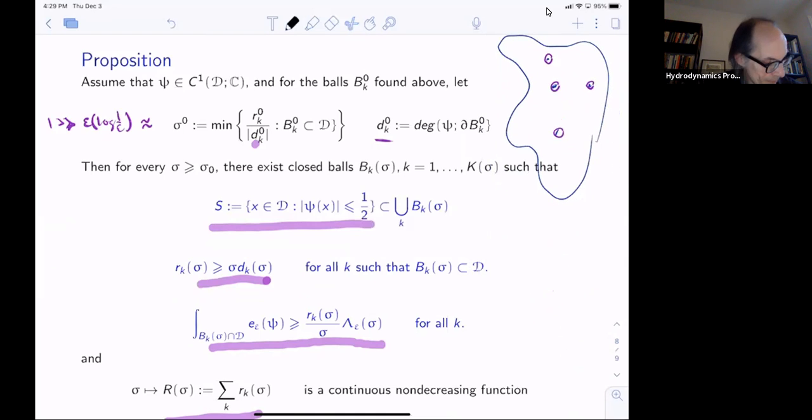So if I have equality here, then what happens, R sub k over sigma is D sub k.